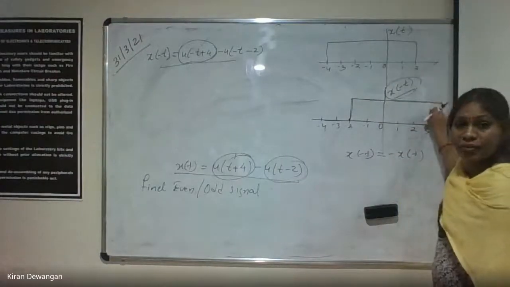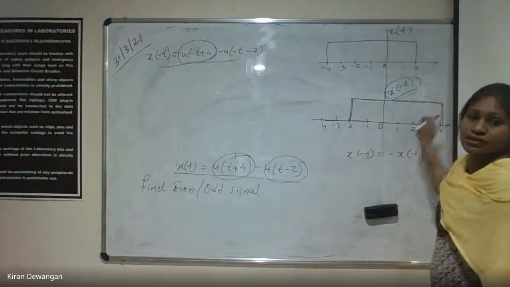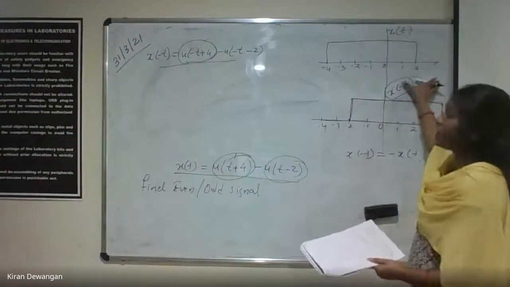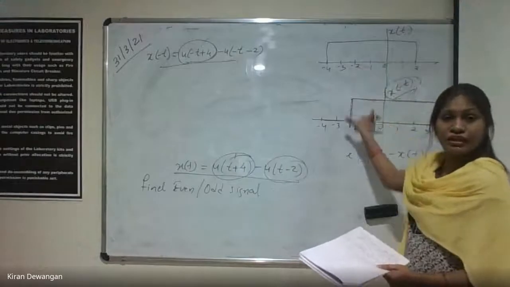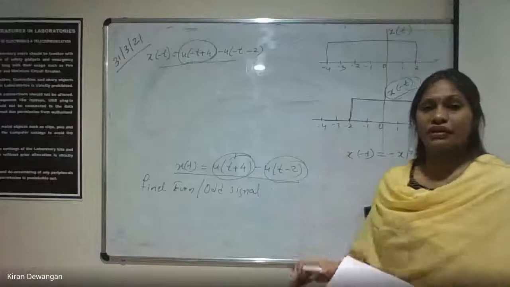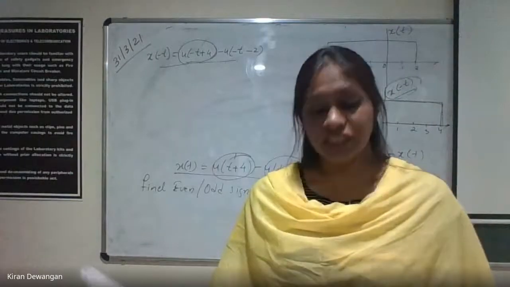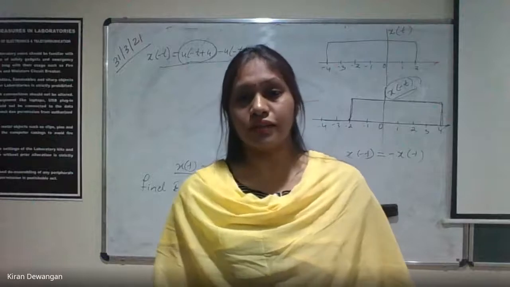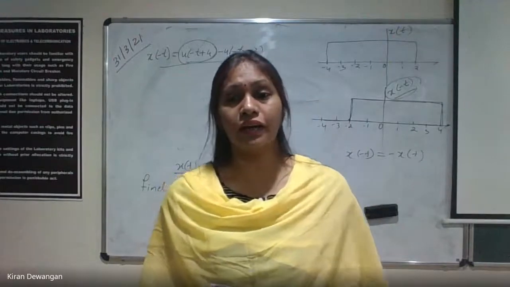Whether it is becoming symmetric? No, it is not symmetric also. ठीक है? जो आपका positive t में है, same are you getting for the negative t side? No, we are not getting. So it is neither an even signal nor an odd signal. ठीक है? तो ये even भी नहीं है, ये odd भी नहीं है.